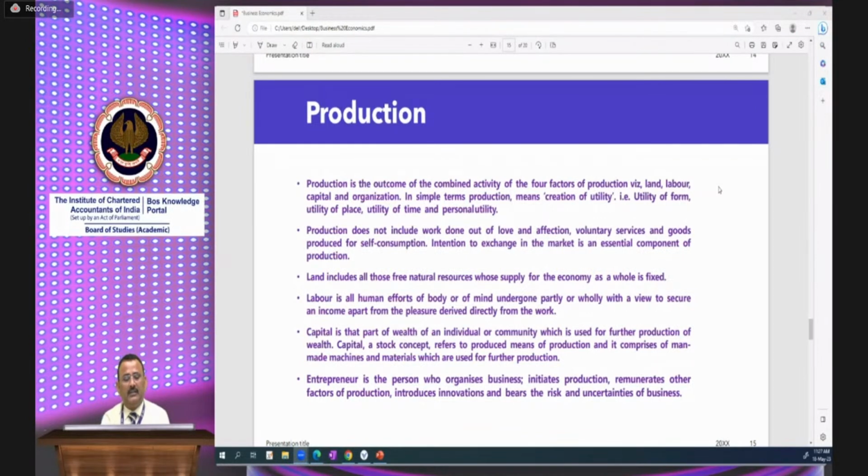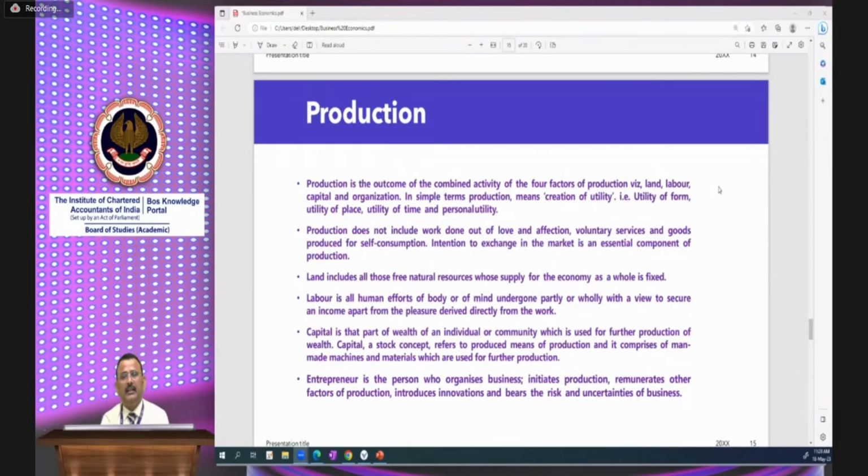Second is labor. Labor is all human effort of body or mind undergone partly or wholly with a view to secure an income apart from the pleasure derived directly from the work. So labor is also an important component. Third is the capital, the money, the wealth that you are putting in while producing something. And the last one is entrepreneurship, which is the person who organizes business, initiates production, and remunerates the factors of production.